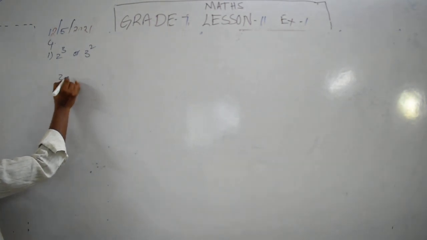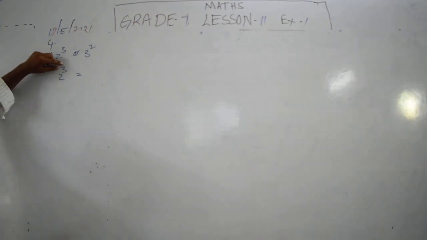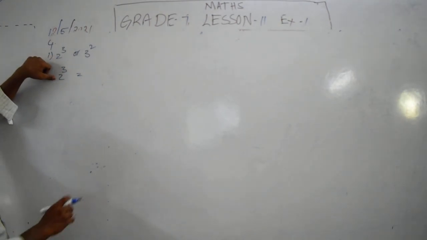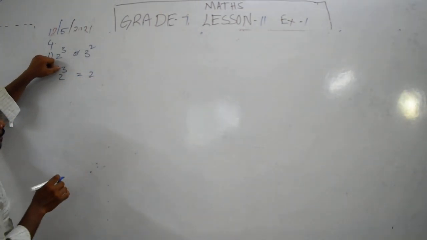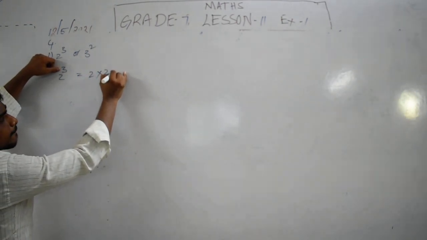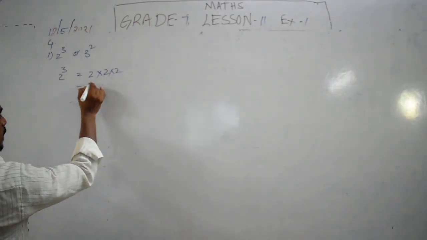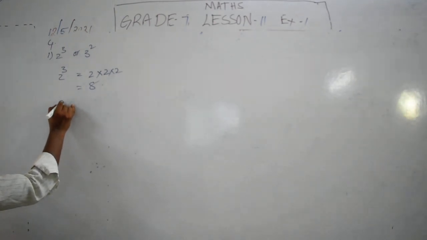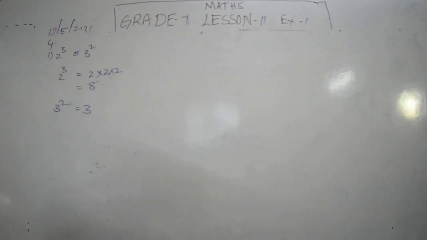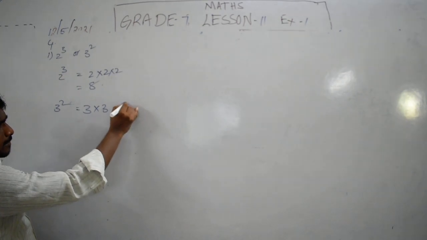Here see 2 power 3. The base is 2 and the exponent is 3. So how many times do we multiply the base? 3 times. 2 twos are 4, 4 twos are 8. 3 square: base 3, how many times are we multiplying? 2 times. 3 threes are 9.